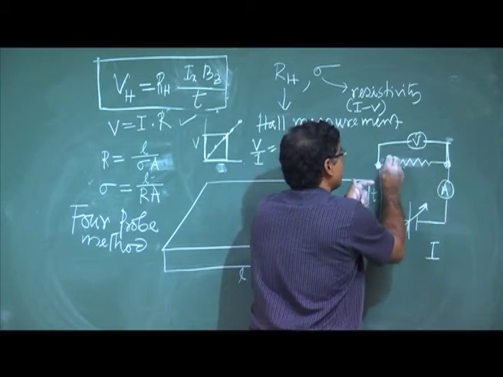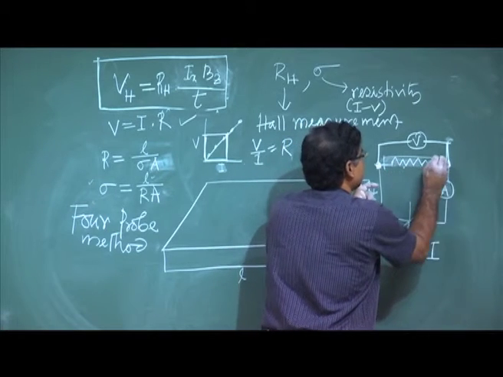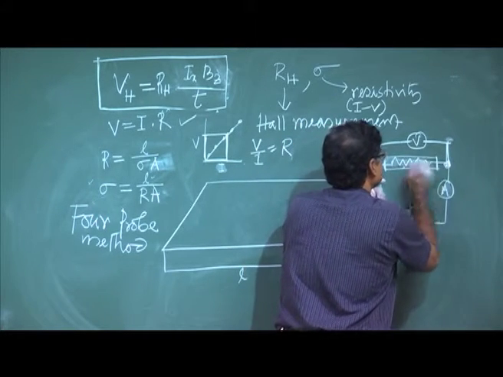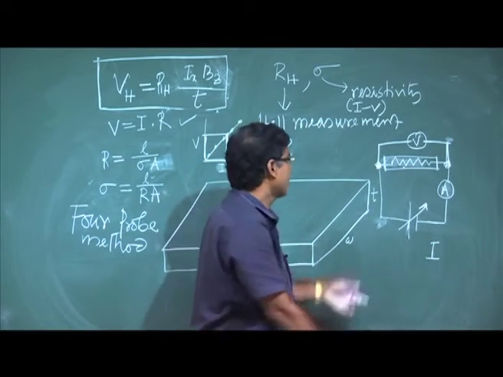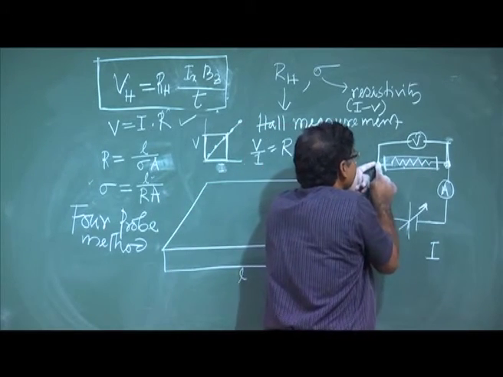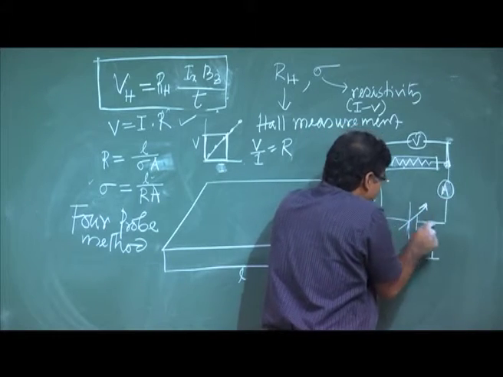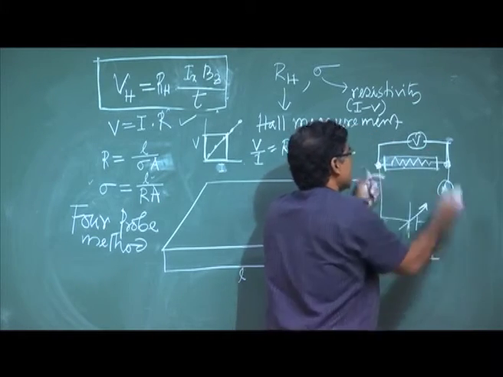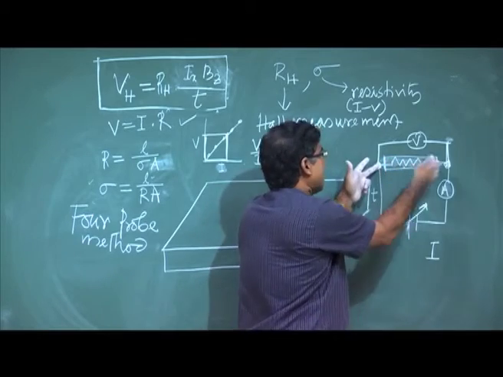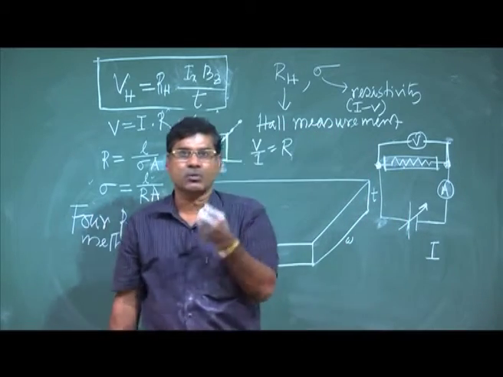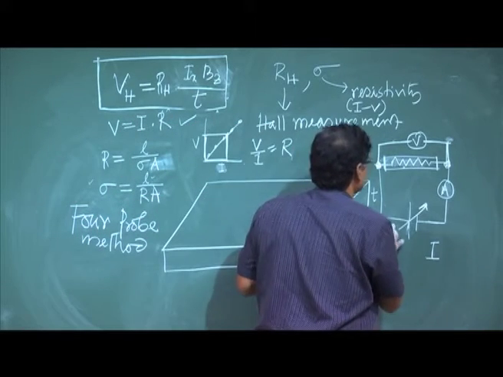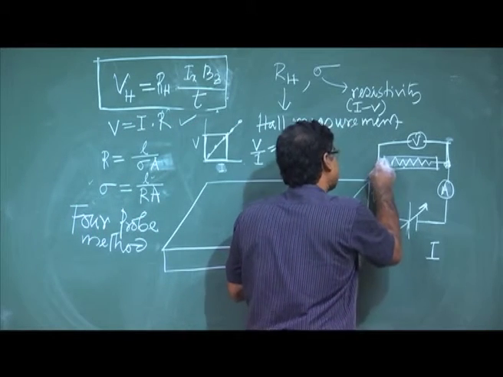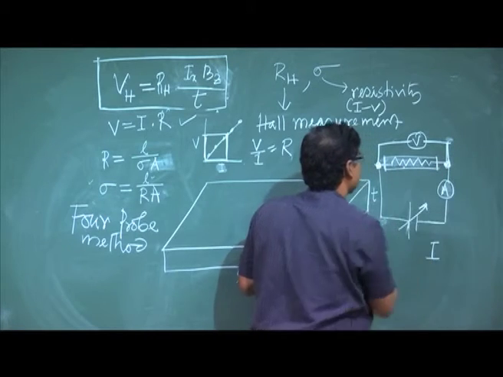In that sample, the current is going this way, and I am measuring the voltage. Basically, from this sample I have taken only 2 connections, at this point and from this point.